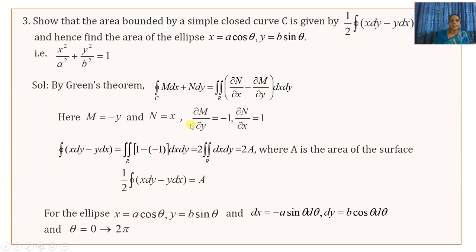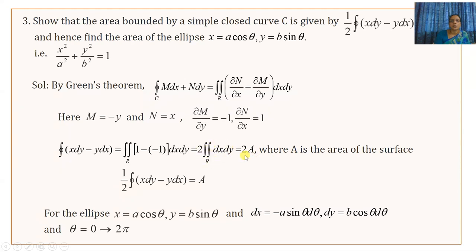Now, let us write integral M dx plus N dy as integral minus y dx plus x dy, which according to Green's theorem is equal to the double integral of ∂N/∂x, which is 1, minus ∂M/∂y, which is minus 1, dx dy over the region R. This is 1 minus of minus 1, that is 2 into the double integral dx dy over the region R, where the double integral dx dy is nothing but the area of the surface.